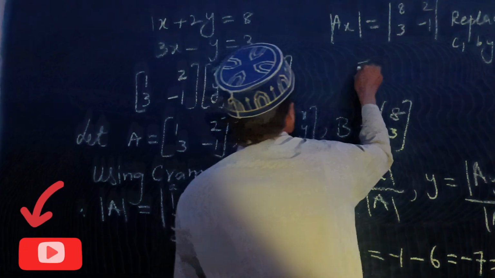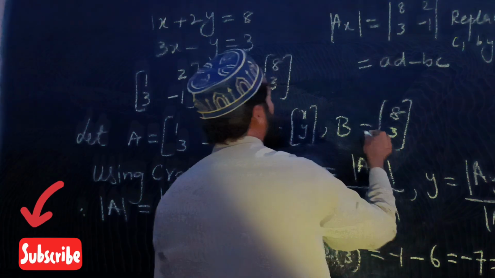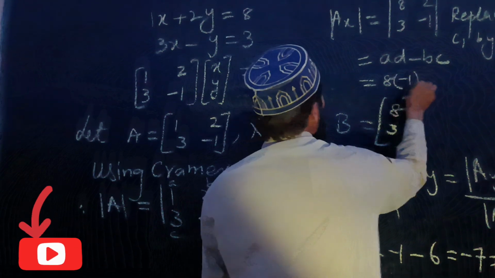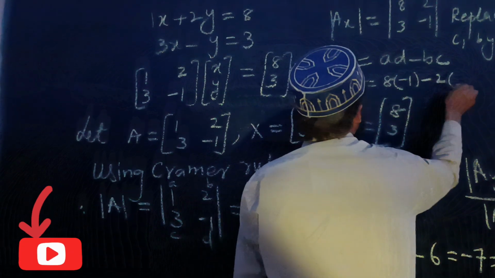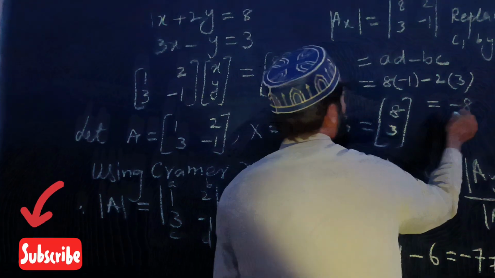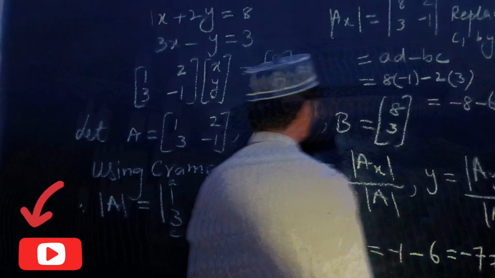Now according to the determinant formula AD minus BC, we use 8 into minus 1 minus 2 into 3. The result we get is minus 8 minus 6, which is equal to minus 14.